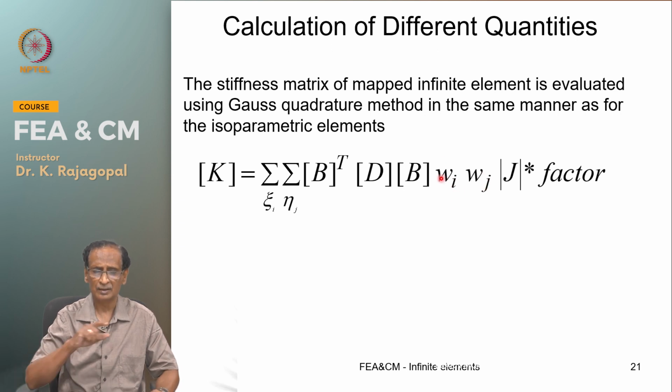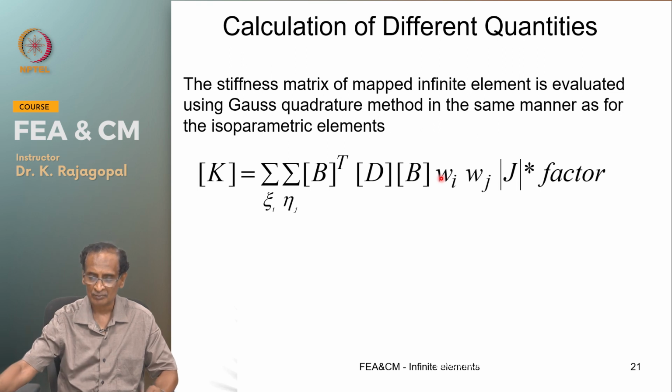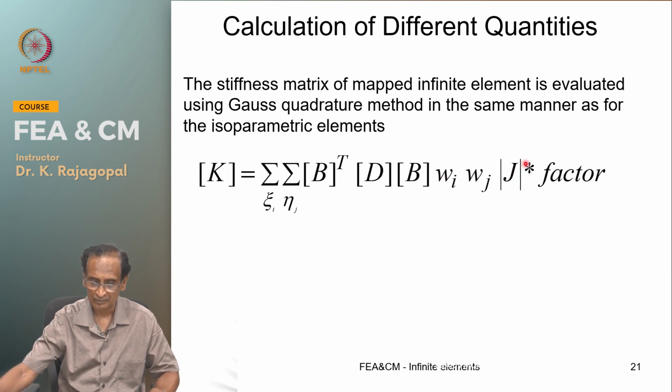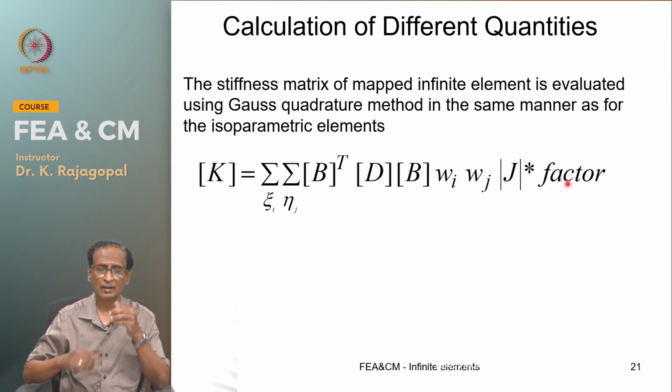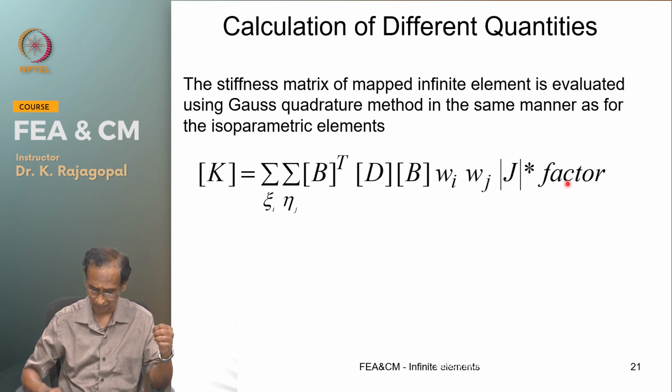These are the weight factors in the xi and eta directions multiplied by the determinant of the Jacobian matrix and the factor. The factor is 1 for plane strain, the thickness for plane stress, and then the radius for axisymmetric problems.